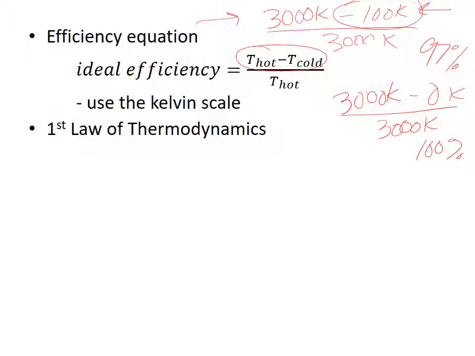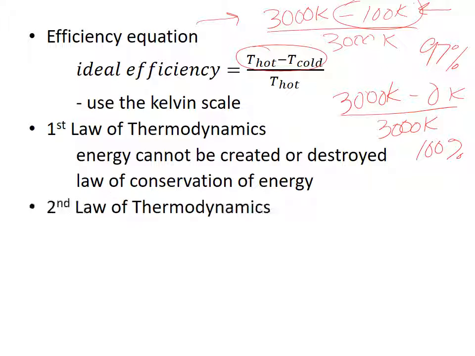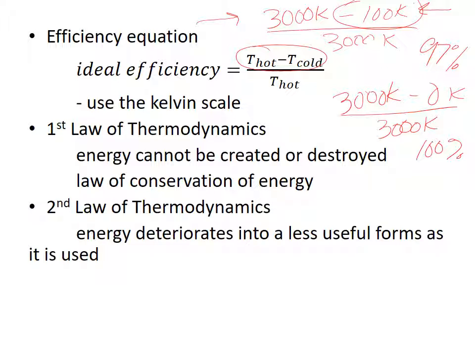To sum it up, the first law of thermodynamics: energy cannot be created or destroyed. That's basically the law of conservation of energy. The second law of thermodynamics is that energy is going to deteriorate into less useful forms as it is used. Like the heat engine shows, you may start with really good hot stuff, but it's going to become less useful the more it's used.